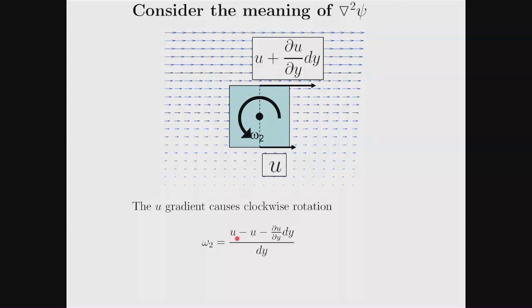So what I get is u, which is this velocity at the bottom here, minus the velocity at the top, divided by dy, and I'll get omega 2 to be equal to negative del u del y.